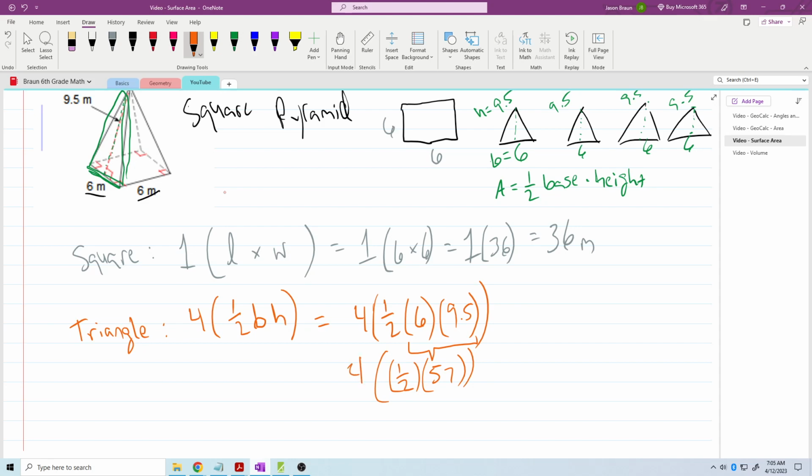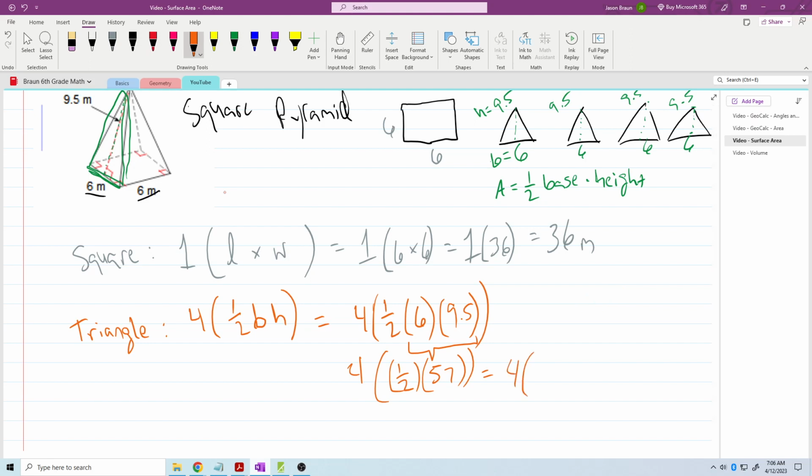So 57 divided by 2 is 28.5, which again you can do off to the side, with a calculator, or even just work it out old school, long division. But it's 28.5. So again, I can't forget about my 4.